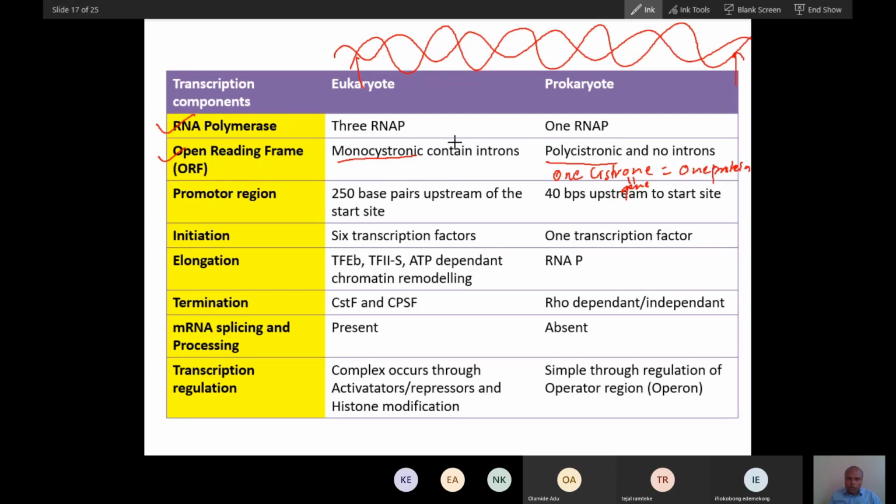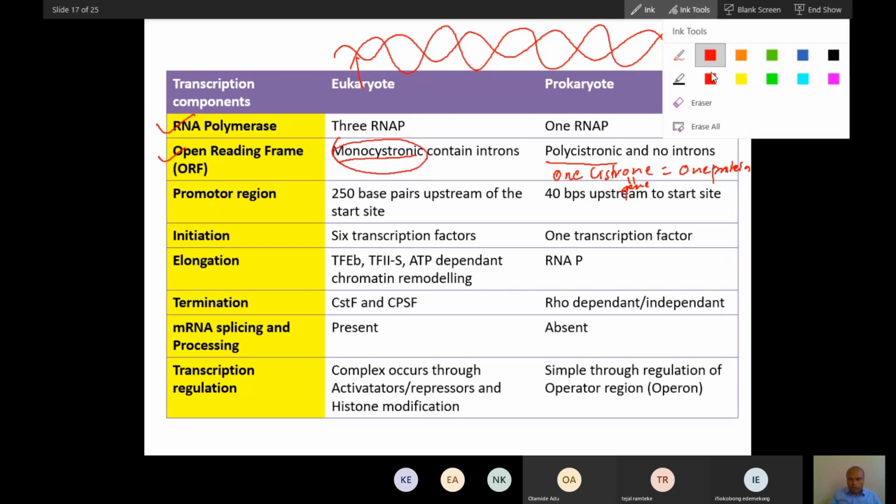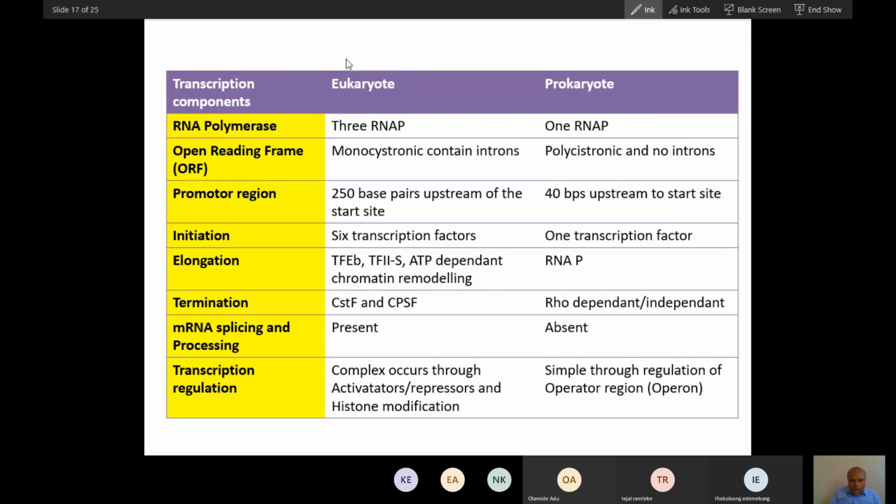The bacterial mRNA is polycistronic: once transcription happens for one mRNA, that mRNA will carry codons for many proteins. But the mRNA of eukaryotes is monocistronic. Very important difference. And that monocistronic mRNA will also contain introns.